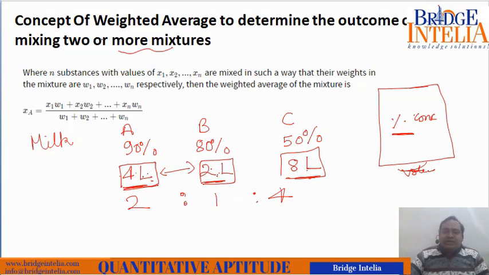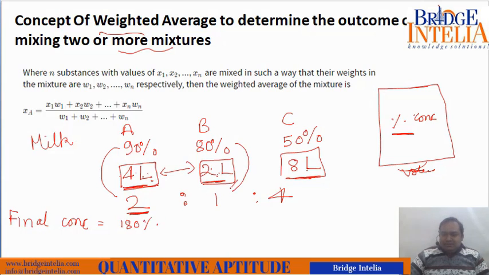The next step is you take the weighted average. Final concentration can be found using the concept of weighted average. Now what is weighted average? 90%, you can say 2 units having strength 90%, so 90 into 2, so 180%. 1 unit at 80%, so 80 into 1, so 80%.